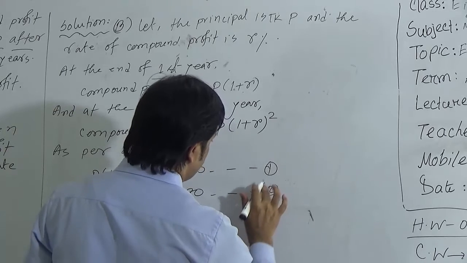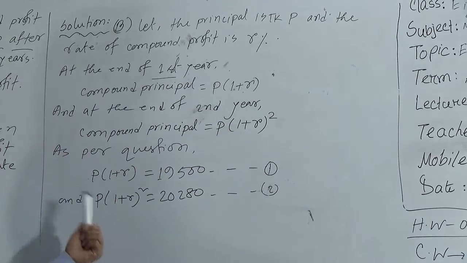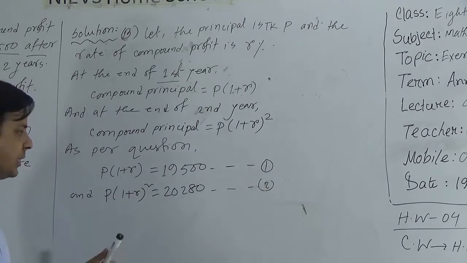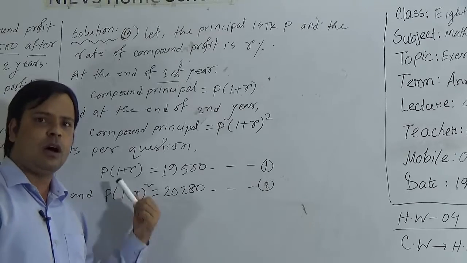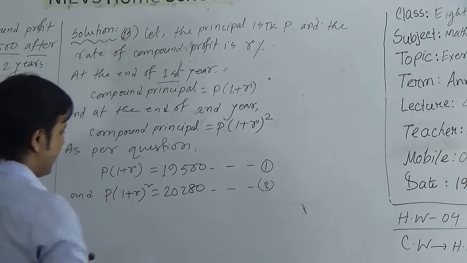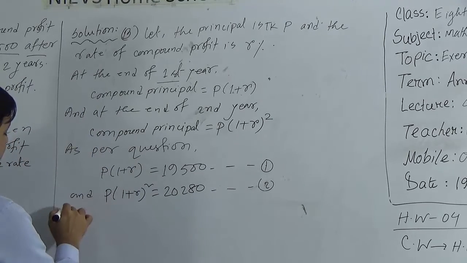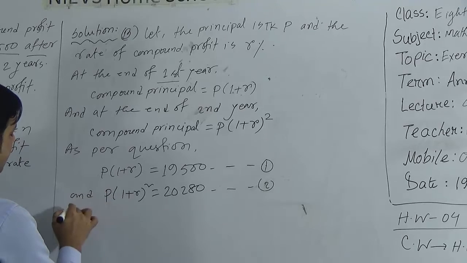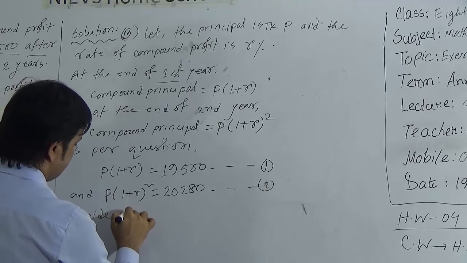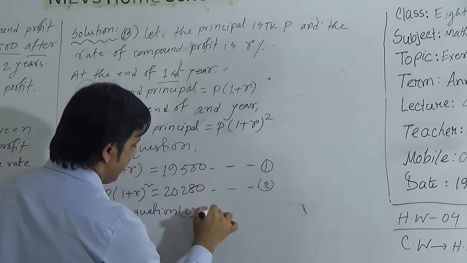So now solving equations 1 and 2, we can determine the value of P and R. But in question B, we need to determine only the value of P, the principal. So we can apply a technique here to solve these two equations. It will be easier for you. You need to divide equation 2 by equation 1.